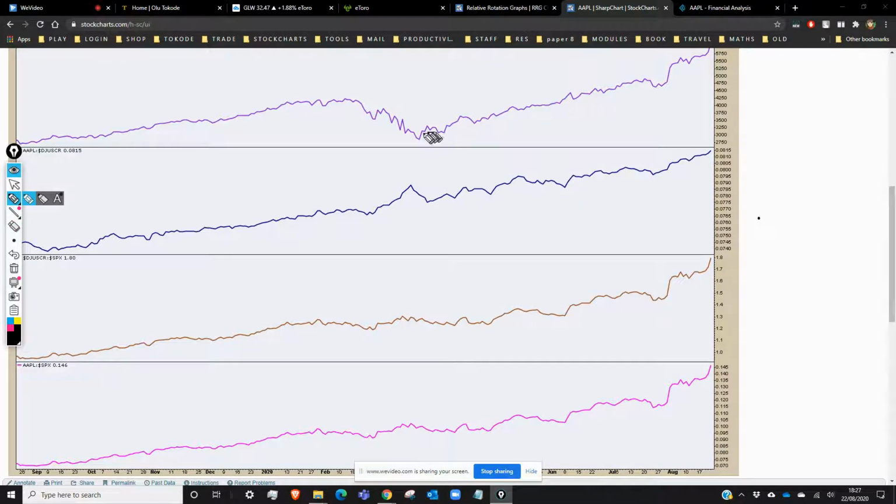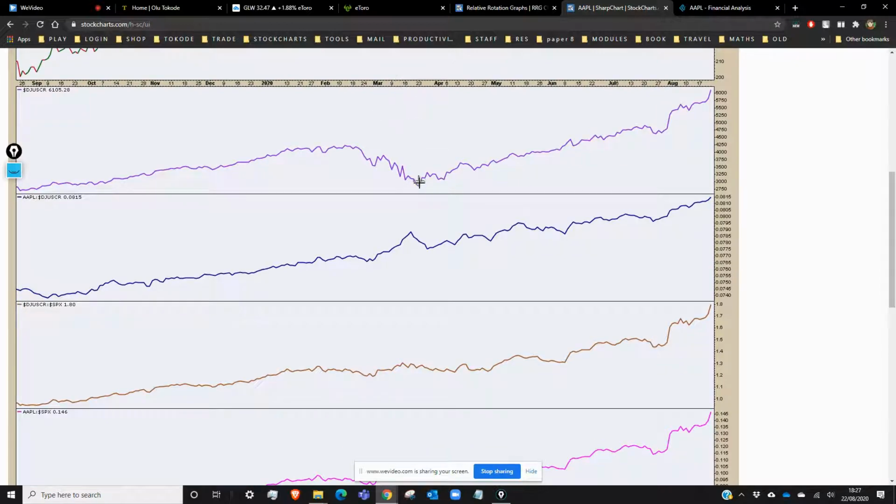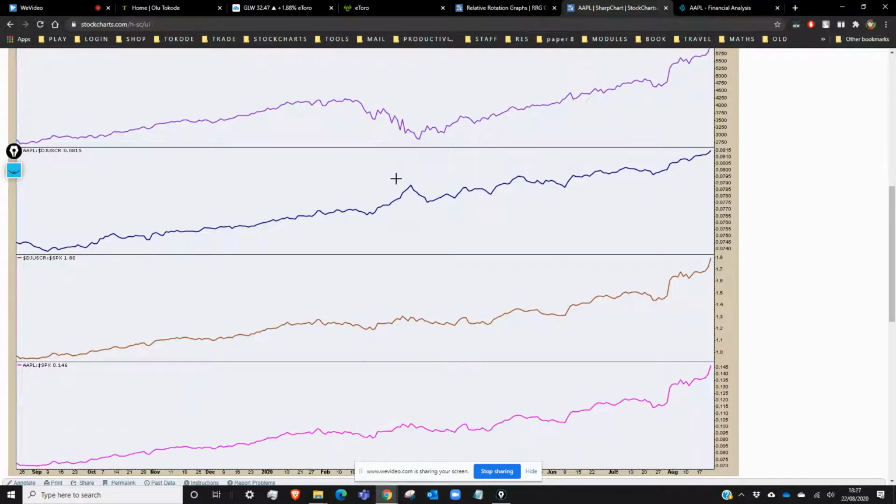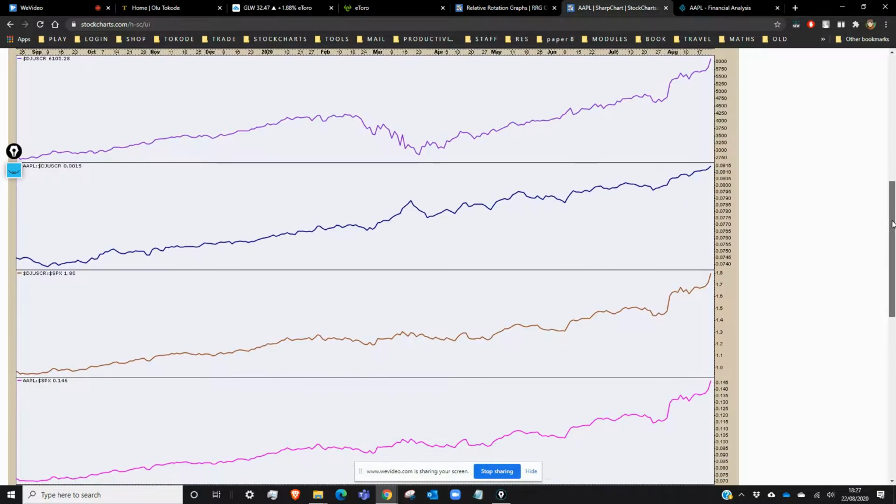The industry is in an uptrend since when? Since March. Since the bottom of the market. It's been in an uptrend. That's good. Apple has been outperforming that industry since last year. Beautiful uptrend.